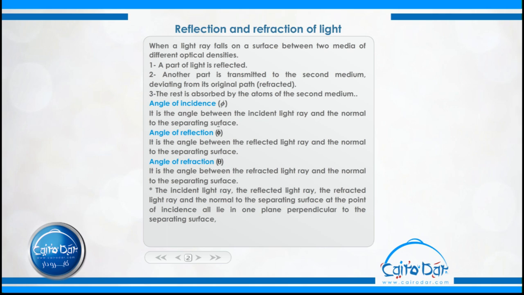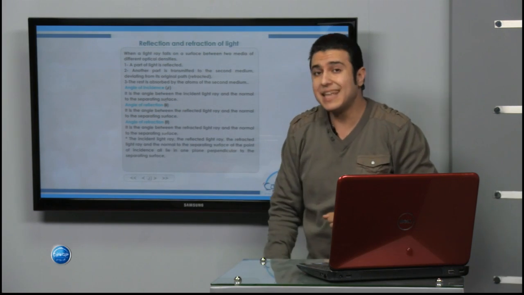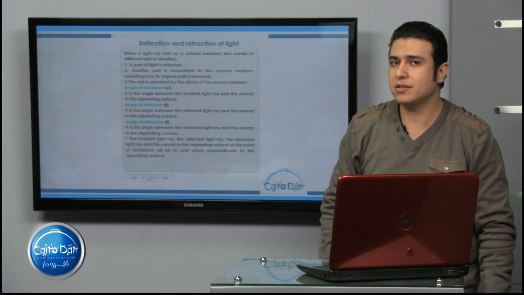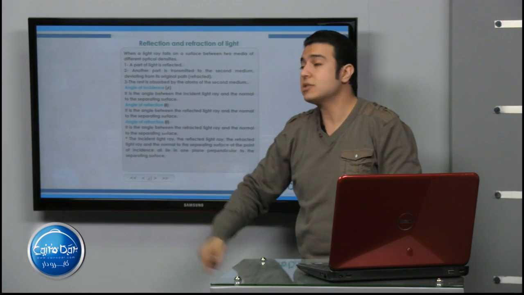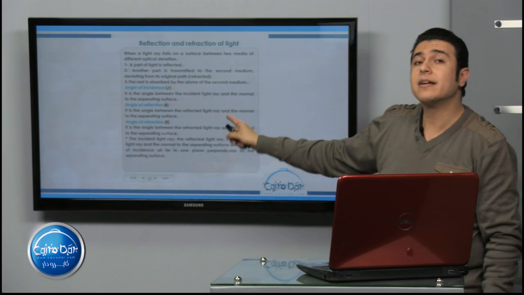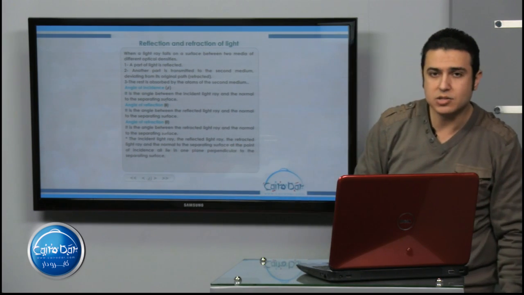So angle of incidence is the angle between the incident light ray and the normal to the separating surface. Angle of reflection phi dash is the angle between the reflected light ray and the normal line to the separating surface. Angle of refraction is the angle between the refracted light ray and the normal to the separating surface.